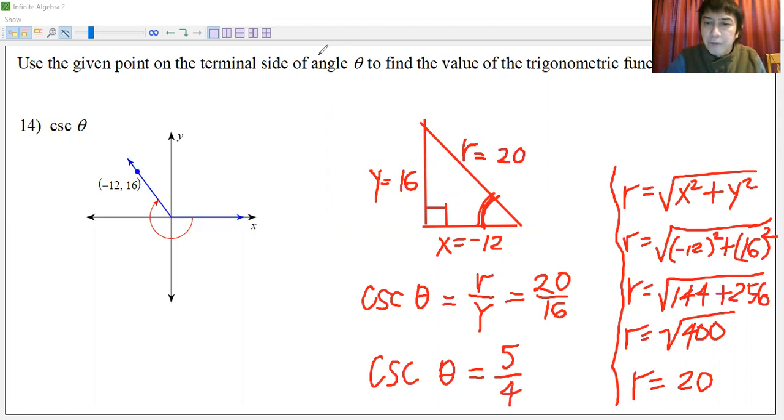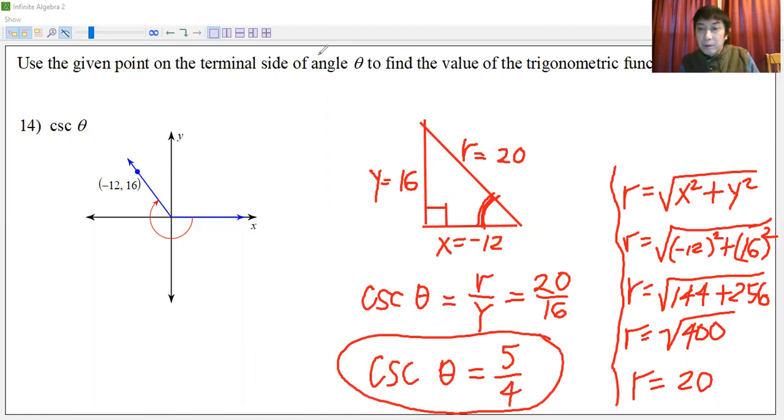So it must be 5 over 4 for our final answer, and it's a positive value in the second quadrant. Let us check and verify. See the answer near the diagram. There, it's 5 over 4.